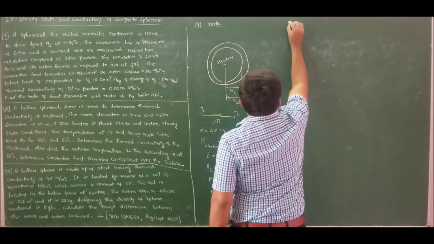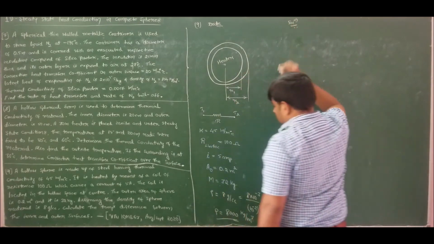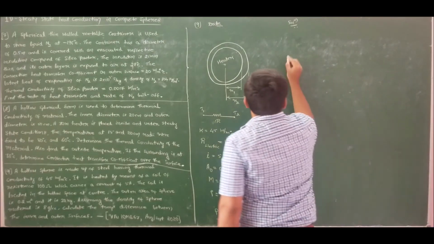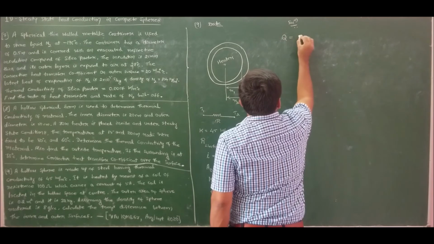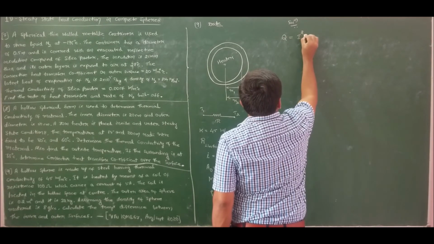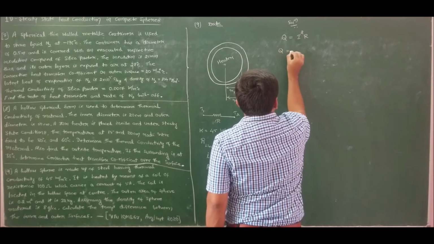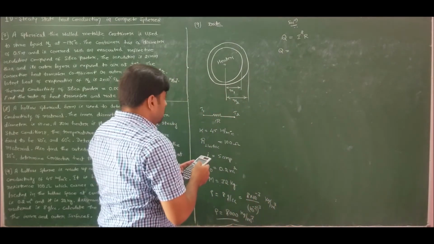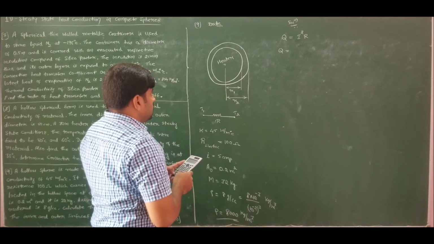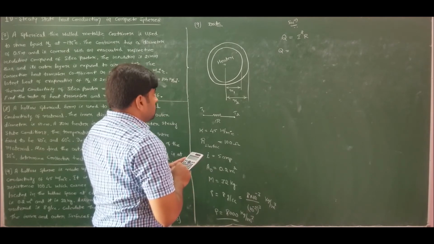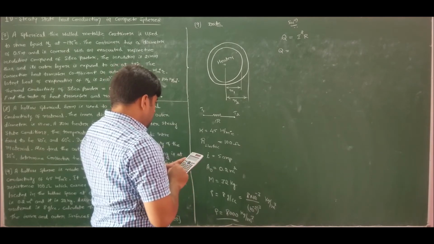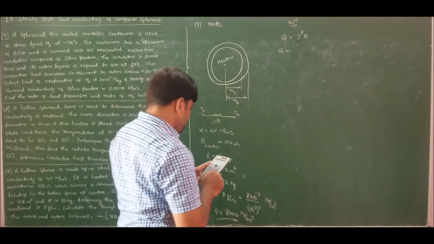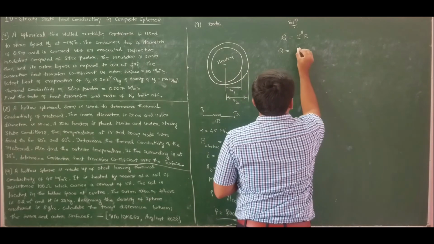Now if I move for the solution, since he has given the current and electrical resistance, we know that rate of heat flow is equal to I square R. So by using this formula, I can find the heat Q as I square, which is 5 square, into the electrical resistance, which is 100, which is 2500 watts.